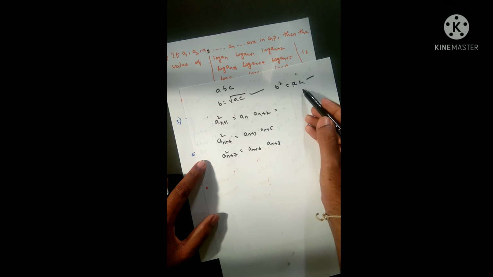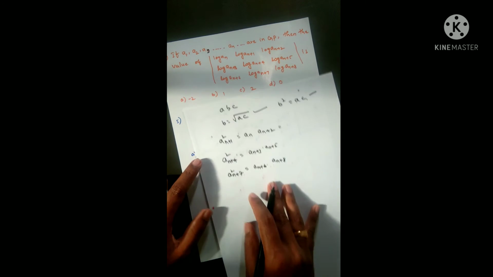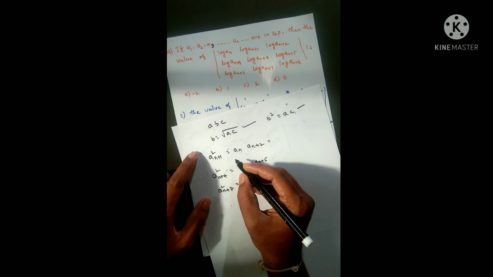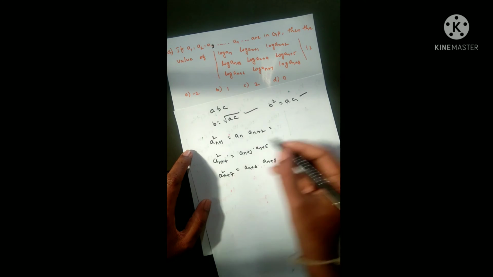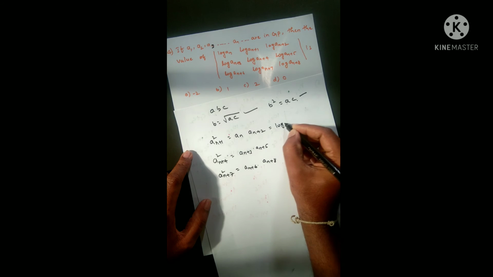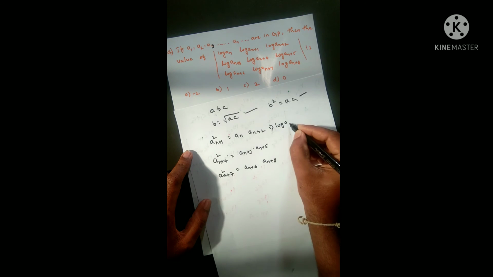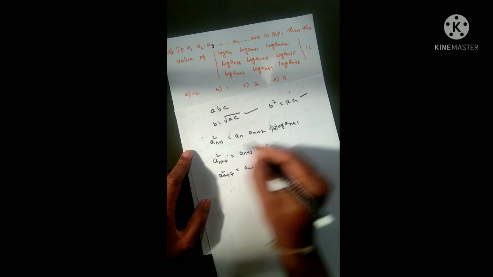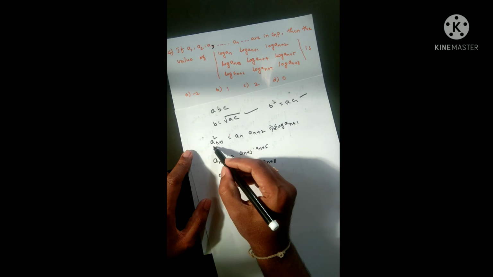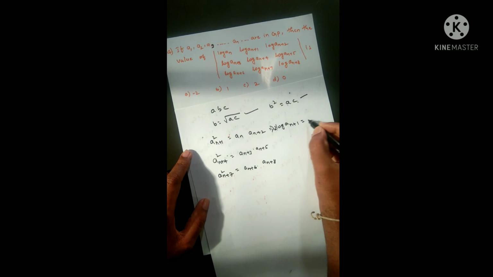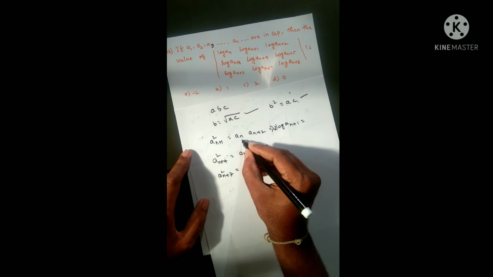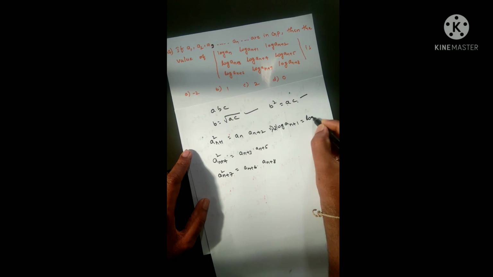Now we know that the geometric mean is equal to this. Using that, taking log on both sides, it implies 2 log A n plus 1 equals log of m into n, log A n plus log A n plus 2.